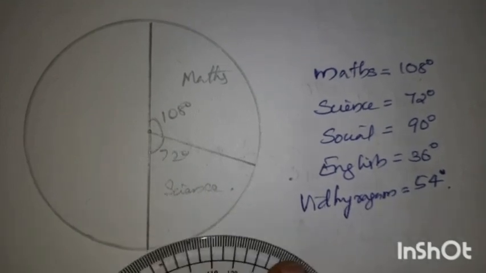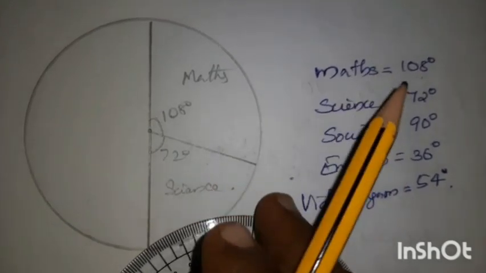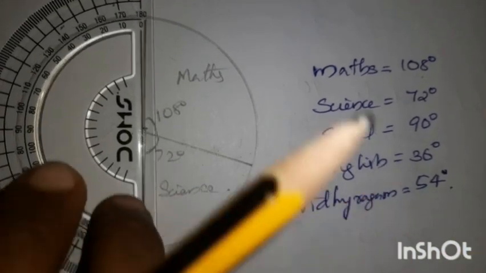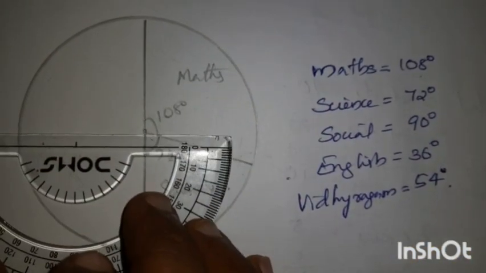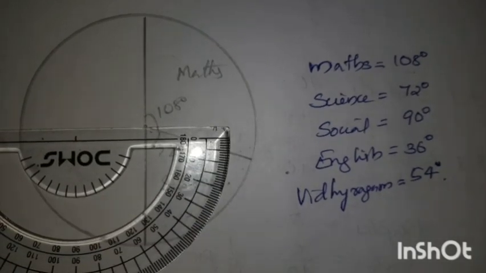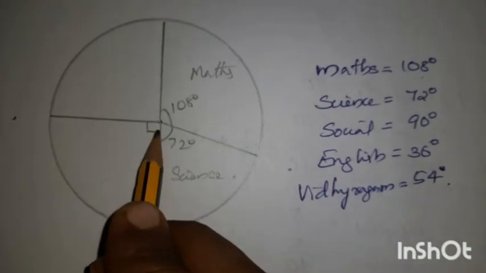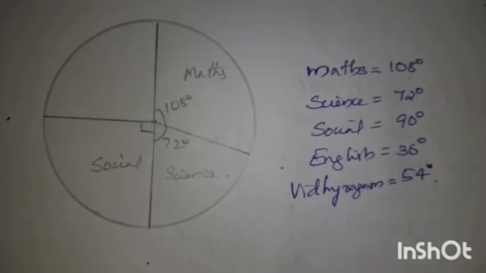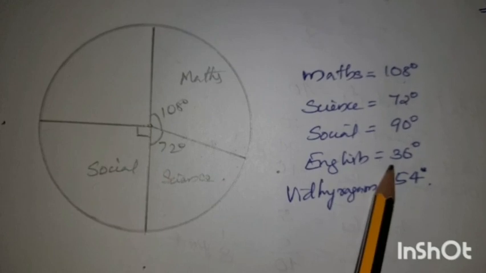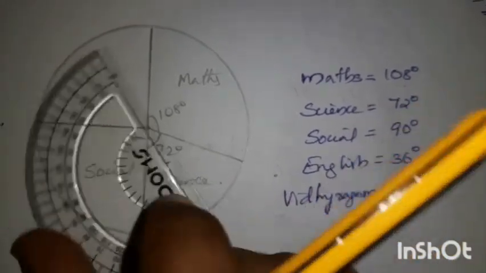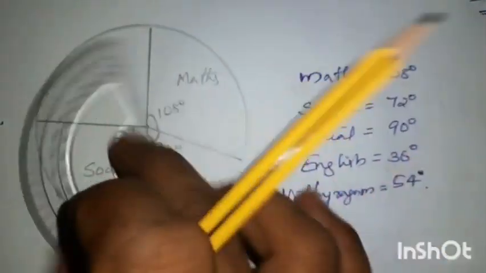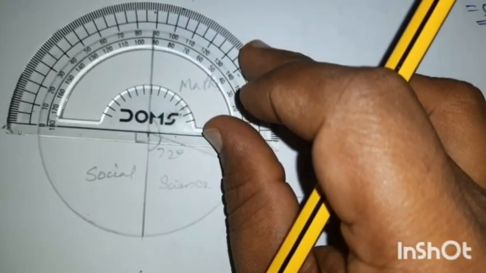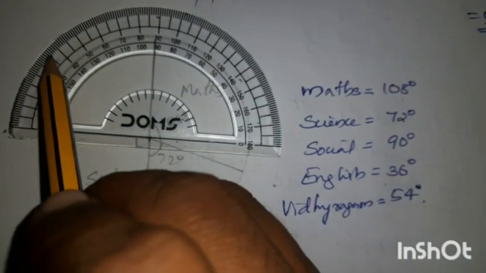Next is 90 degrees. 90 degrees means almost a half will come. Keep the protractor correctly, mark 90 degrees and draw the line. So this 90 degrees is for the Social Science club. The next is 36 degrees.